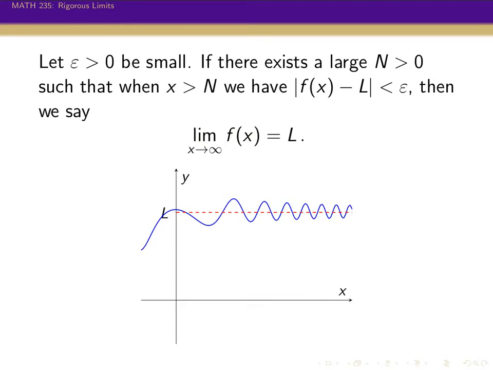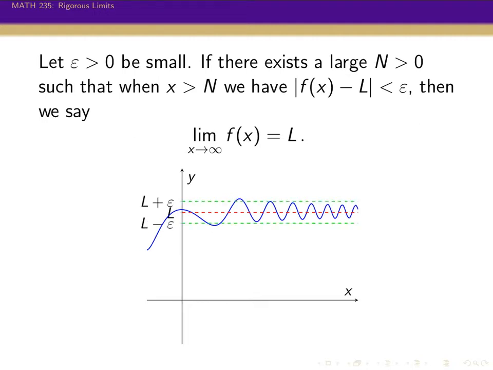So let's plug this back into our picture. Here's our L, here's our function that as x goes out to the right, all the values are getting closer and closer to L. First we're picking an epsilon. Same as before, we're going to look at L plus epsilon and L minus epsilon, and we're taking lines going out from there. Now as you go out, you can see early on, there may be some values that are between, and then it starts bulging out.